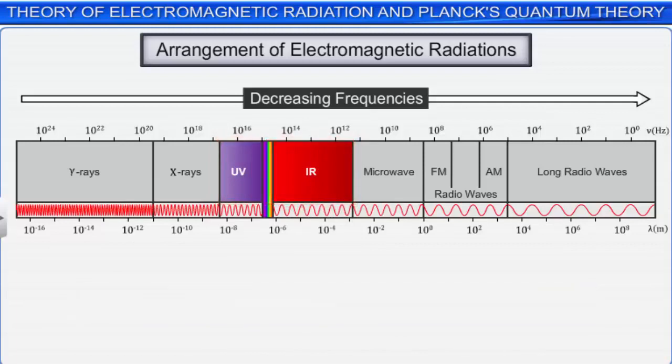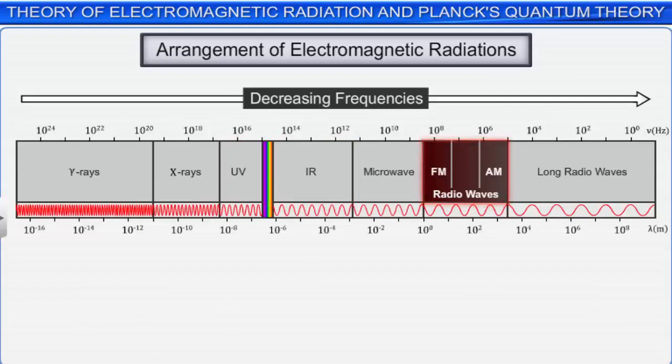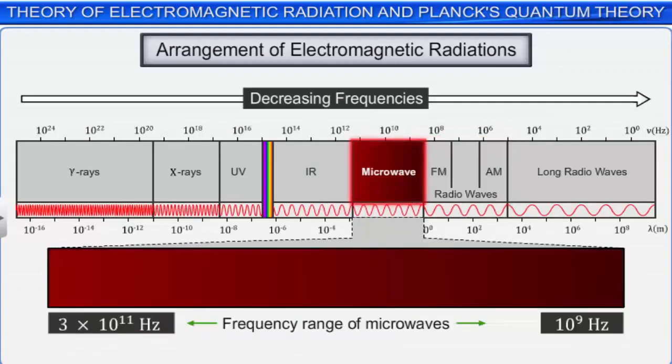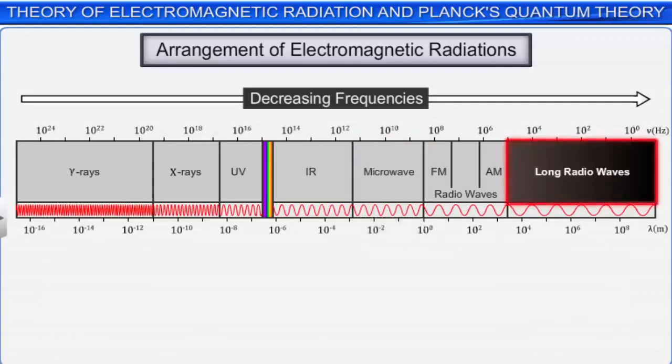Other important regions in the electromagnetic spectrum include radio waves with frequency less than 10 to the power 9 Hz and microwaves with frequency of 10 to the power 9 to 10 to the power 11 Hz. Radio waves have the longest wavelength in the electromagnetic spectrum.